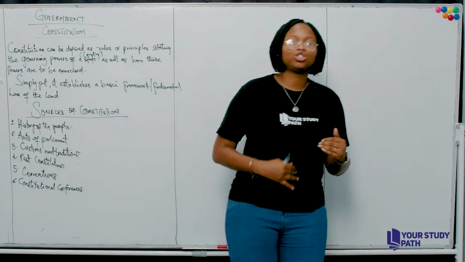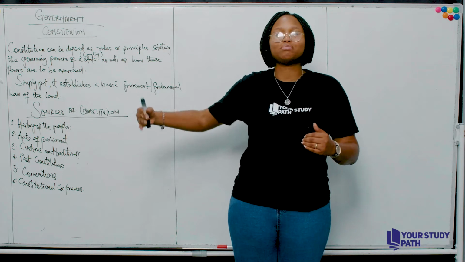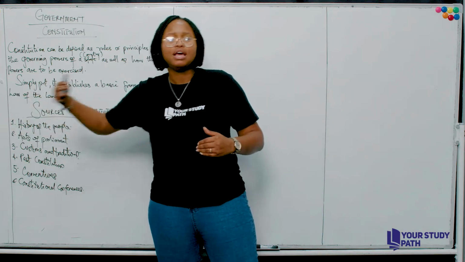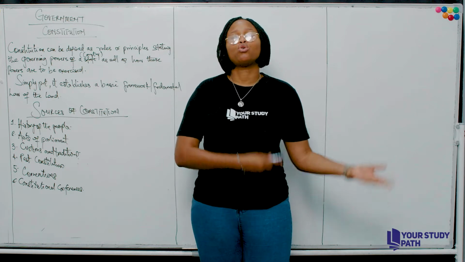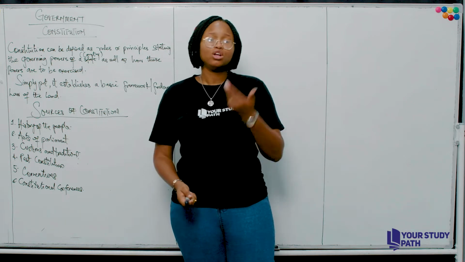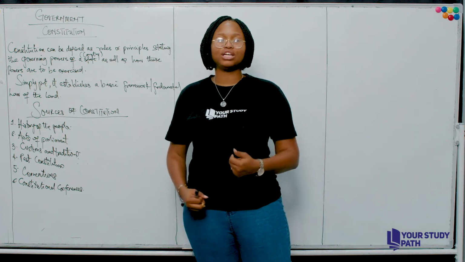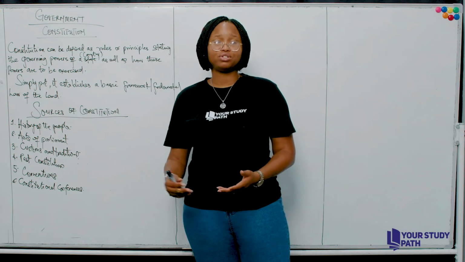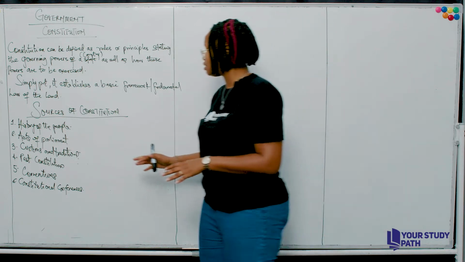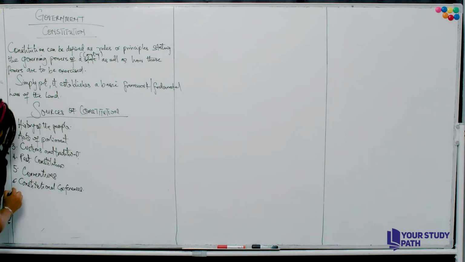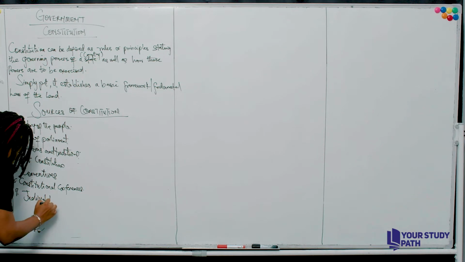So with judicial precedents, we ask how this matter has been handled in the judiciary. If we see that this matter is occurring frequently, then we can just go right ahead and place that into the Constitution. Thus, when a lawyer or a judge is presented with such a case, they can refer back to that judicial precedent and then make judgments based on that. So we can put that here. That's the last source we have here, judicial precedents.